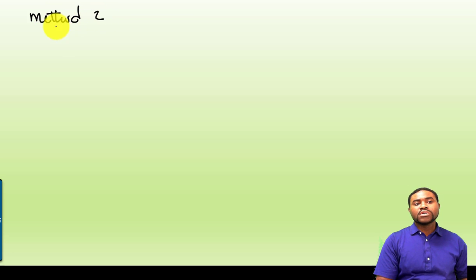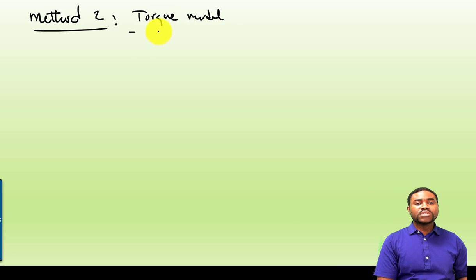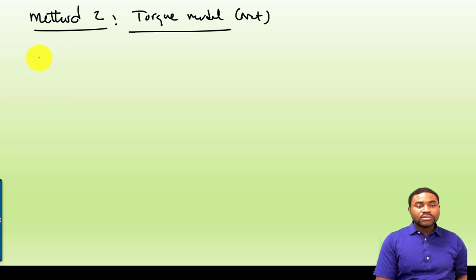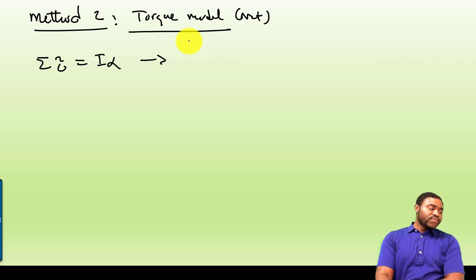Now let's use method 2. We are going to use the net torque model. We know that the summation of tau will be equal to I alpha.